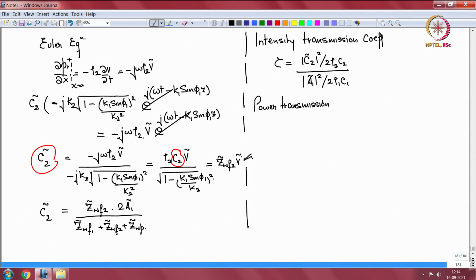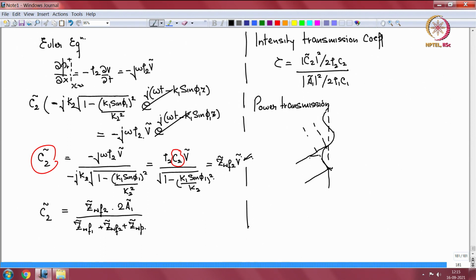There is a slight difference in the beam width. So if I say this is my panel, and this is my wave vector, so these are the wave fronts.